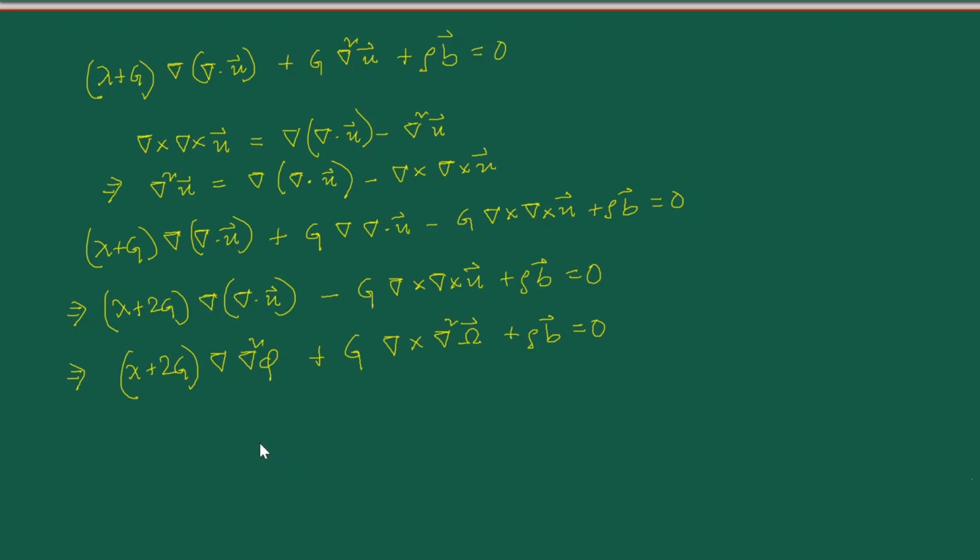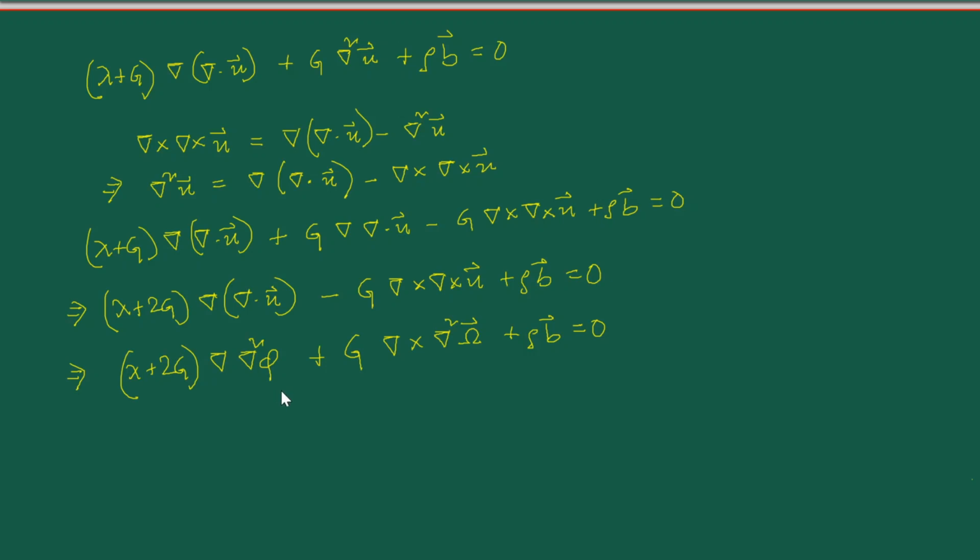To really appreciate it, please note that suppose you were supplied with a certain rho b vector, how do you actually obtain the three unknowns, the three components of the omega vector, and this scalar potential phi? It's actually difficult.